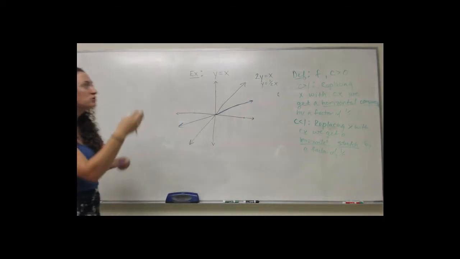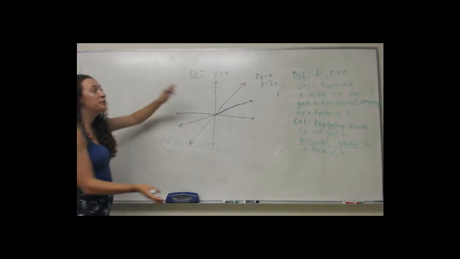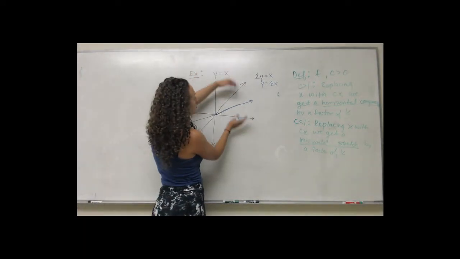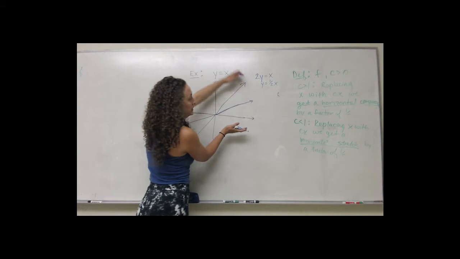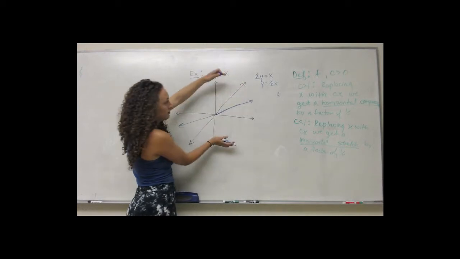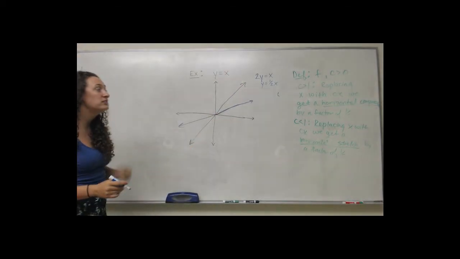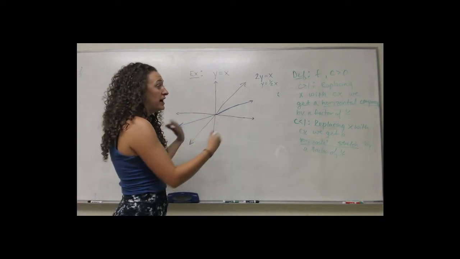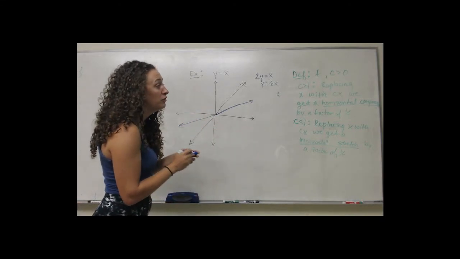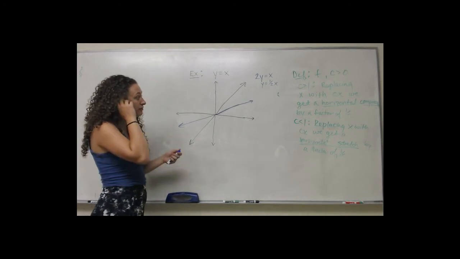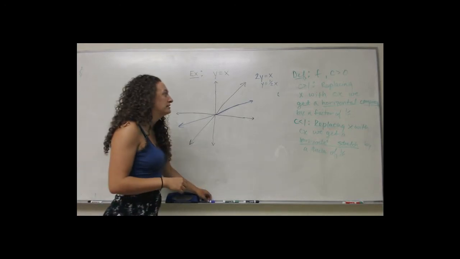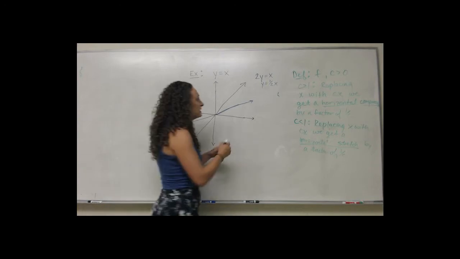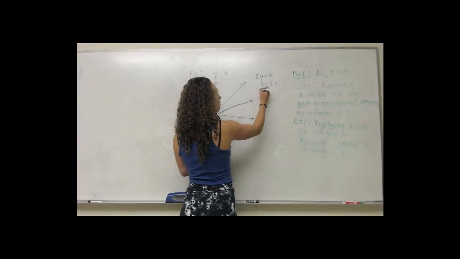So what did that do to our y values? It compressed them down. Before they were bigger, now they're smaller. We're pushing all of our y values down. So replacing y with 2y compressed our y values by a factor of 1 over c, which is 1/2. Now, what if we replace y with 1/2 y?